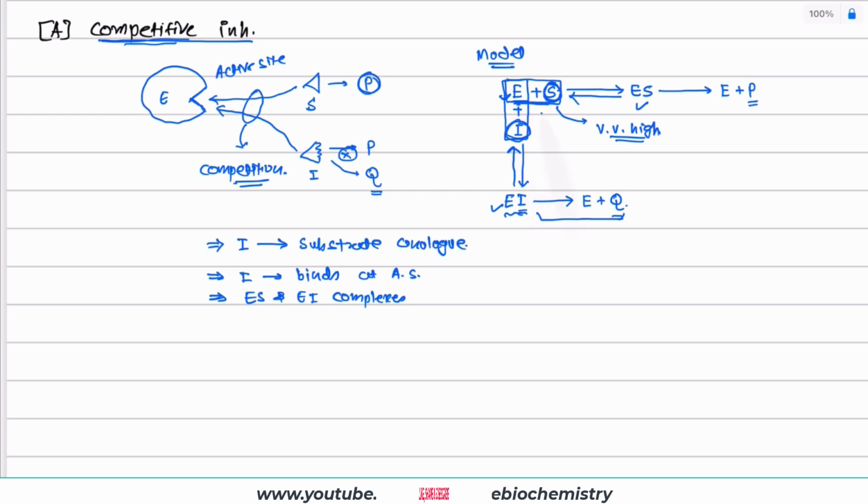So it is possible to achieve the maximum velocity at very high substrate concentration. So the fourth important point we can write is that Vmax, the maximum velocity of the enzyme, is unchanged in case of competitive inhibition, right?